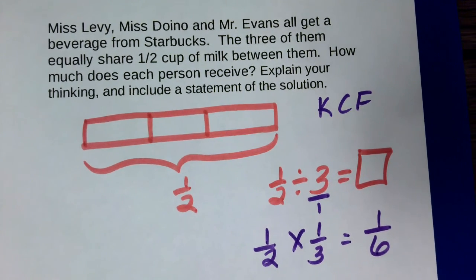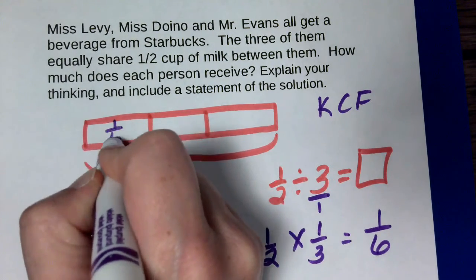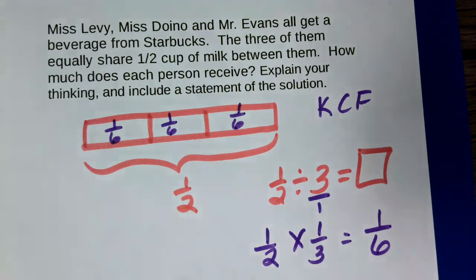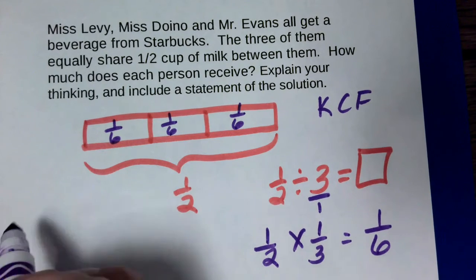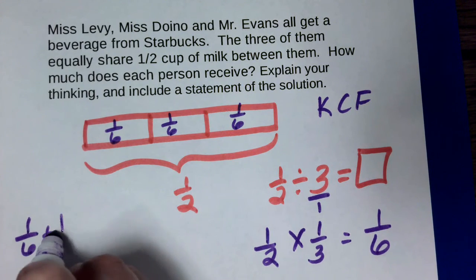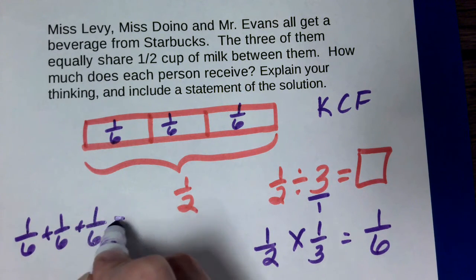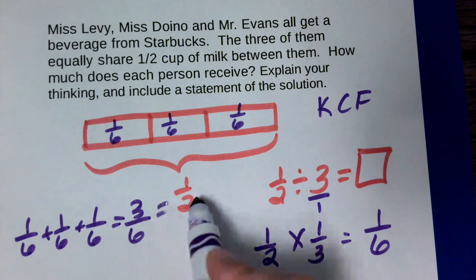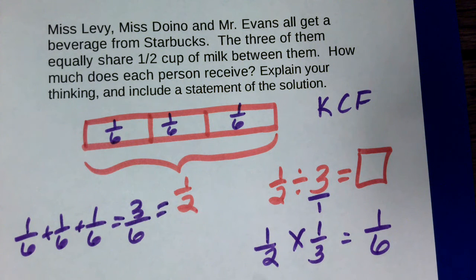So let's see if this is true. If we put this in as 1/6, 1/6, and 1/6, when we add them all together, will we get 1/2? So 1/6 plus 1/6 plus 1/6 is equal to 3/6, and 3/6 is in fact equal to 1/2. They're equivalent fractions.